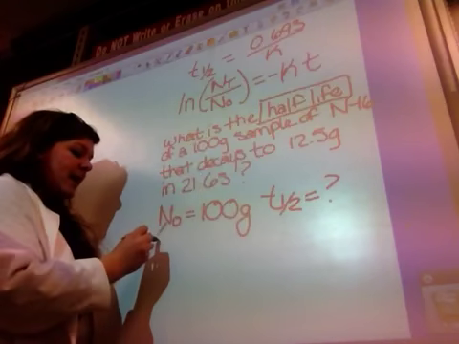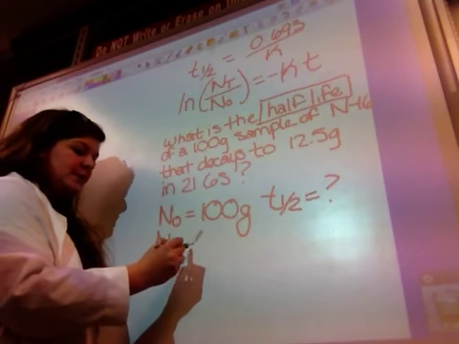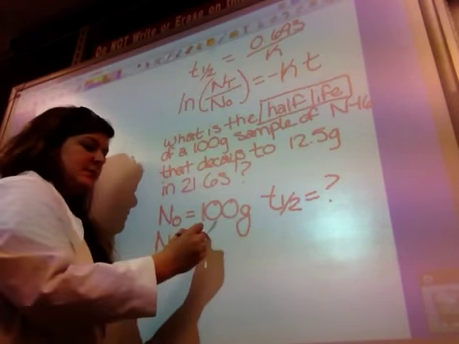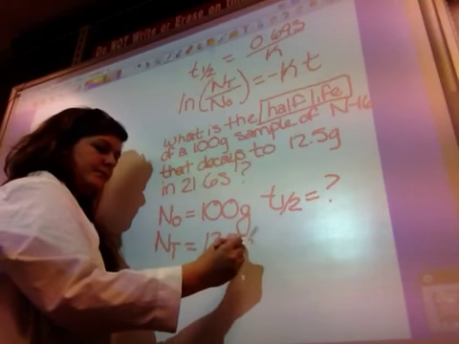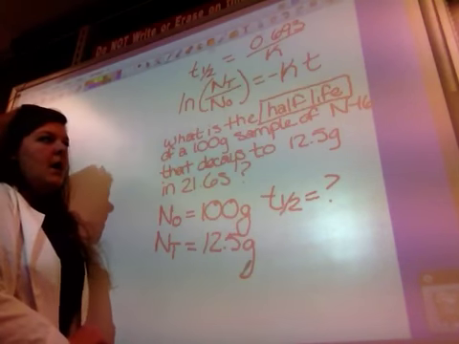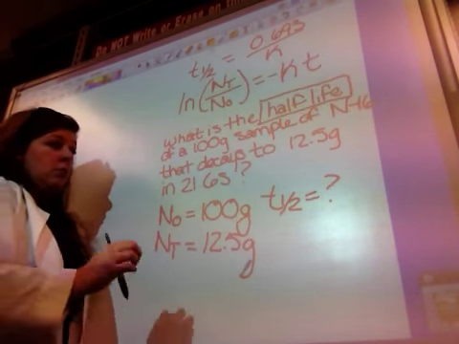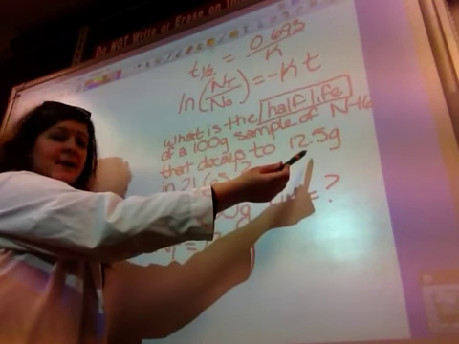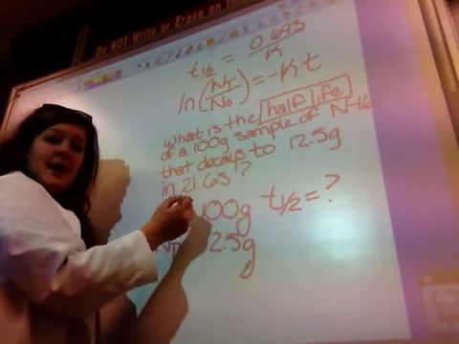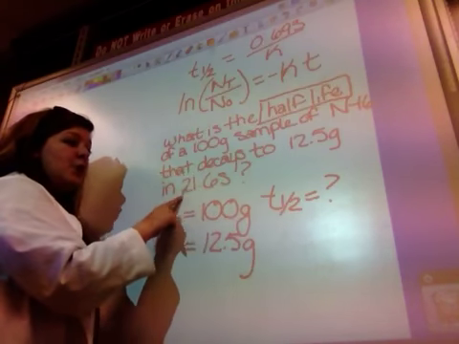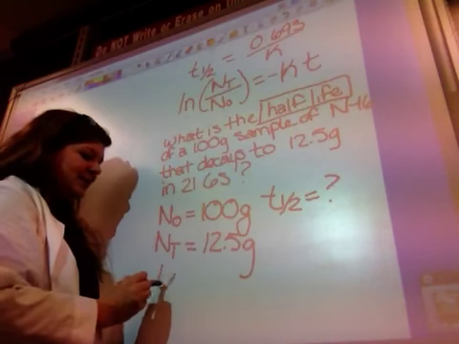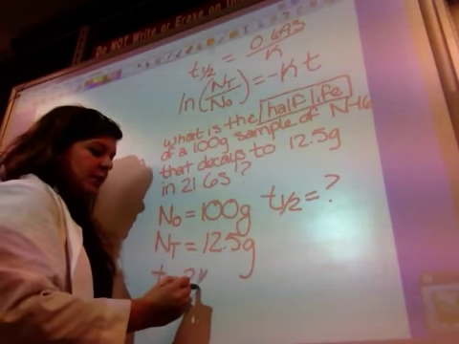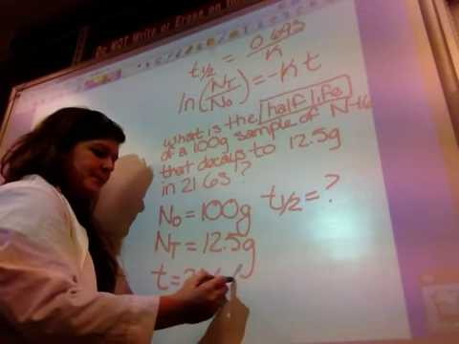So 12.5 would be my remaining amount, which we symbolize as NT. I also know that it decays from 100 grams to 12.5 grams in a certain amount of time. I know that it decays in 21.6 seconds. So I know that T is equal to 21.6.